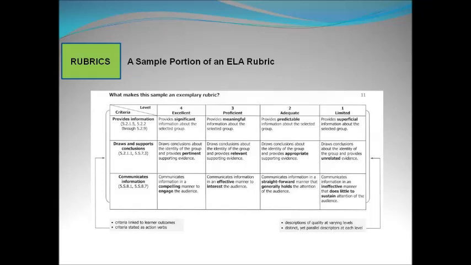In other words, when you make a rubric, look at the cells, look at the information that you include in the cells. If it's not clear to you what the difference is between a 2 and a 3, or a 3 and a 4, you want to look at that. You want to consider that more carefully.